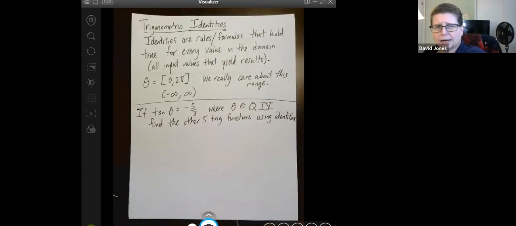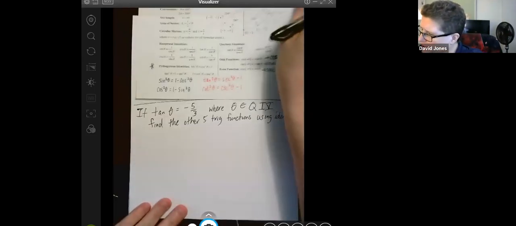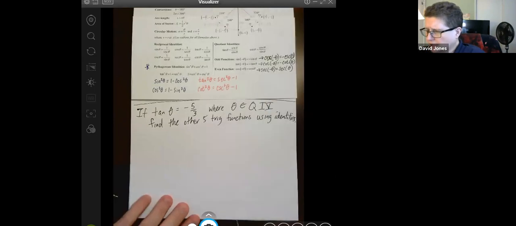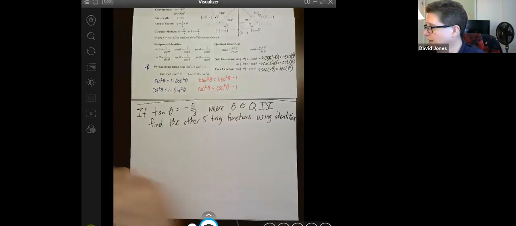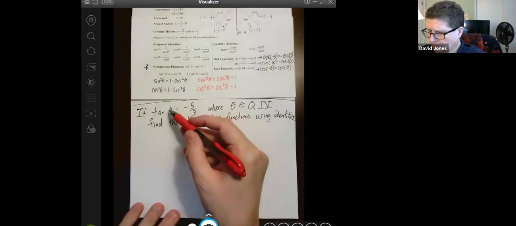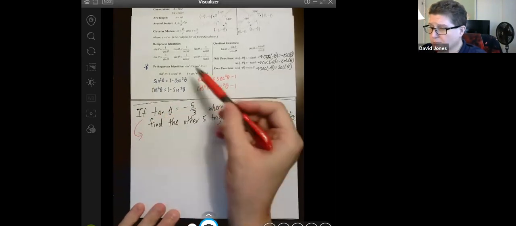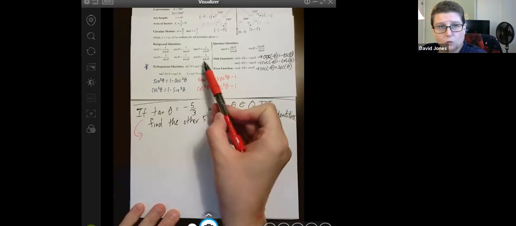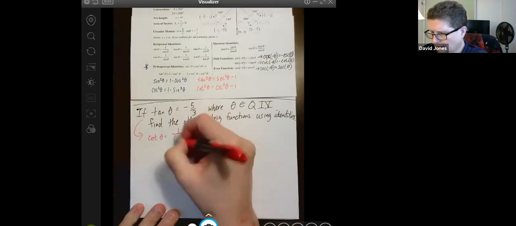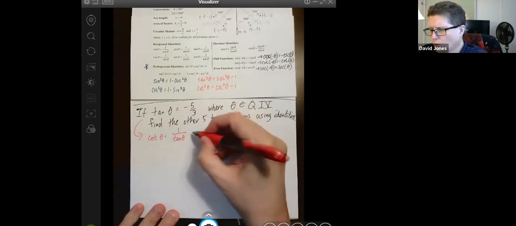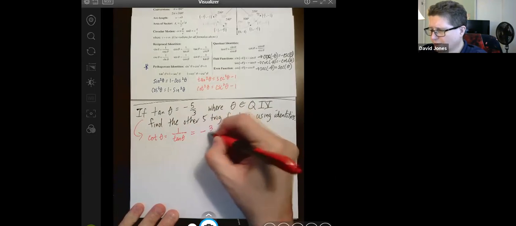So the way we're going to tackle this, what equations do we have that have tangent in them that might yield other things? Well, cotangent theta just spits itself right out, doesn't it? Cotangent theta, we're going to use the reciprocal identity, 1 over tangent theta, which really just flips this over, so it's negative 3/5.